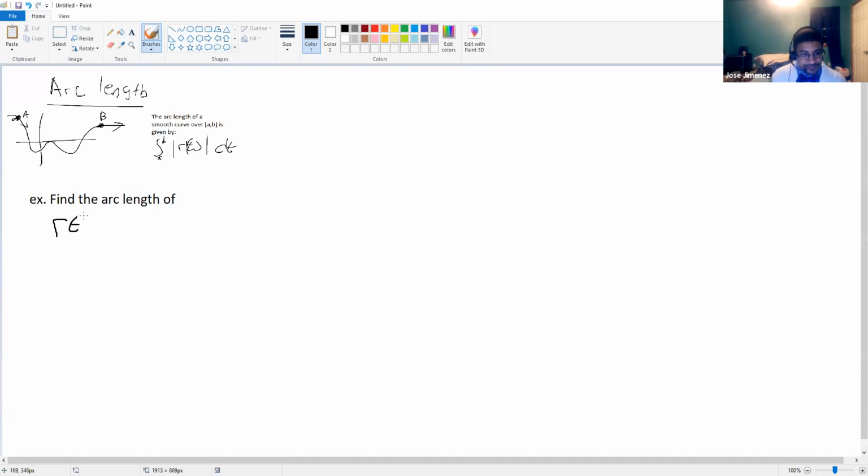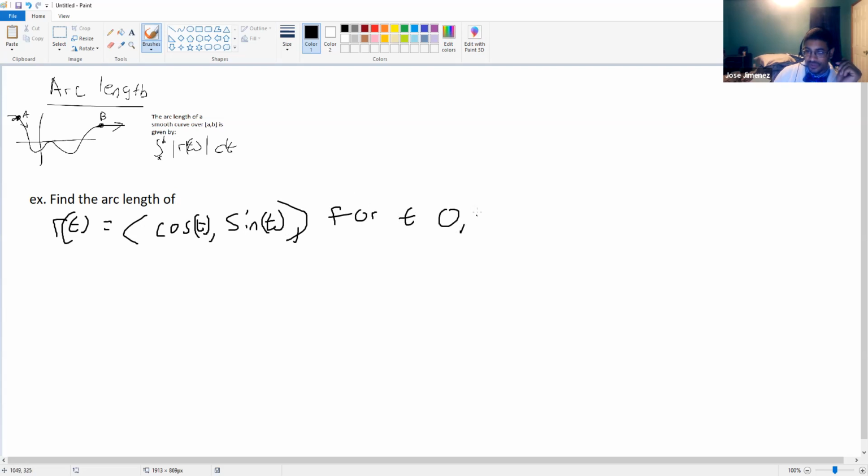So r of t is going to be equal to the cosine of t, the sine of t, and let's just close it there, for t in this nice interval of 0 to 2 pi.